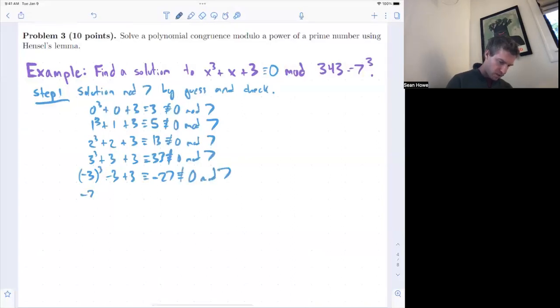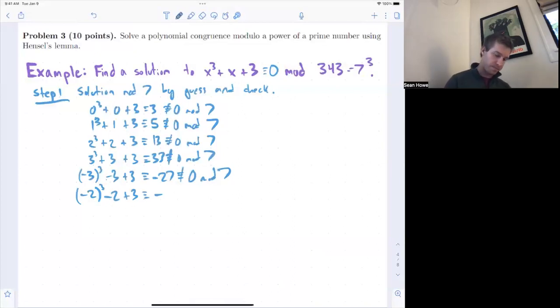Okay, let's do minus 2 cubed minus 2 plus 3. So that's minus 8 from minus 2 cubed, minus 2 is now minus 10, plus 3.